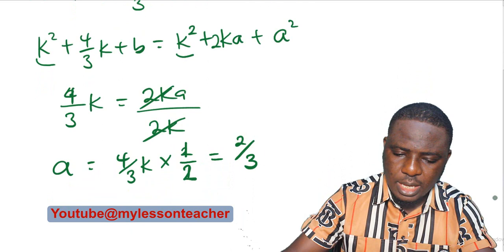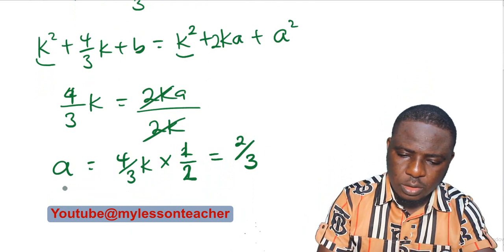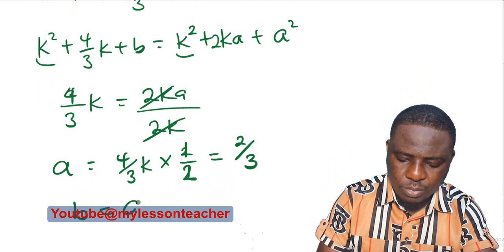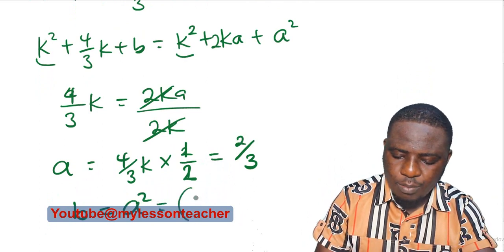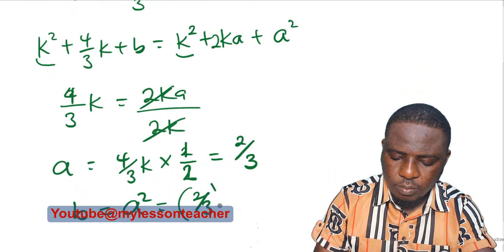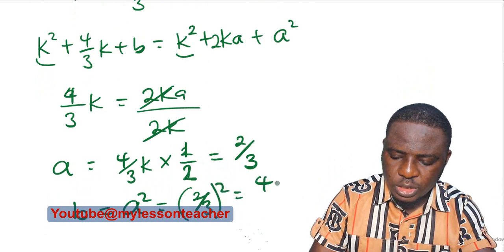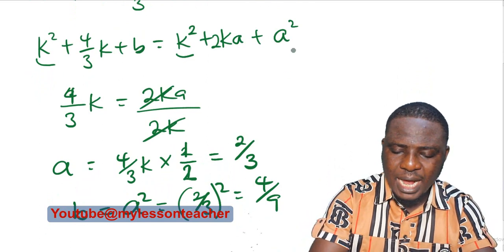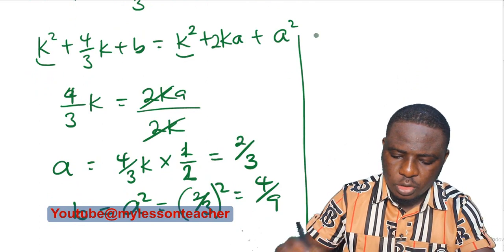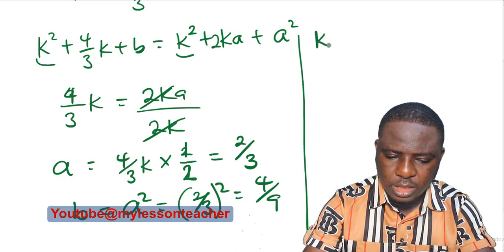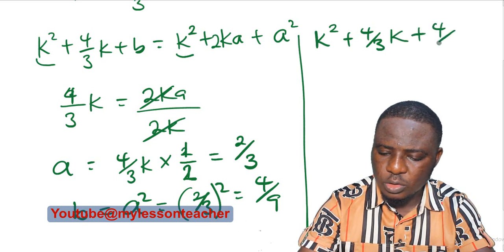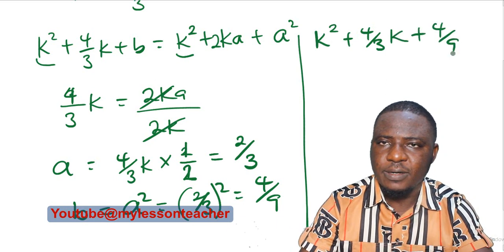So our a is 2 over 3. But remember that b is that term. So b is equals to a squared. And b is said to be 2 over 3 squared, which is 4 over 9. So 4 over 9 is that term that must be added to this to make it a perfect square. So let's factorize it. This becomes k squared plus 4 over 3k plus 4 over 9.